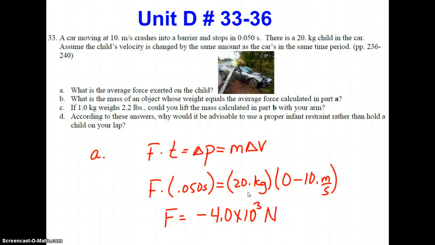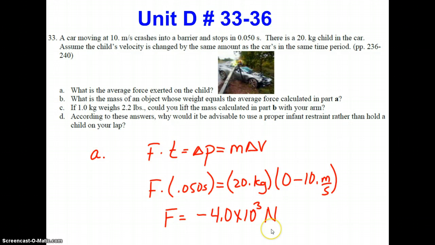Our mass of the child is 20 kilograms. And the change in velocity is final 0 minus initial 10 meters per second. The force exerted on the child here would be negative 4,000 newtons to two digits, negative 4.0 times 10 to the third newtons.